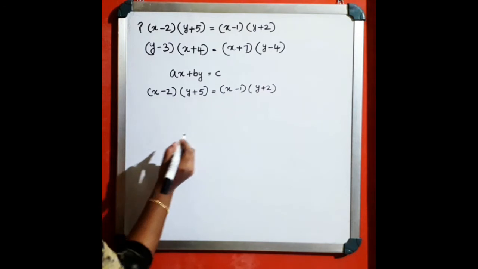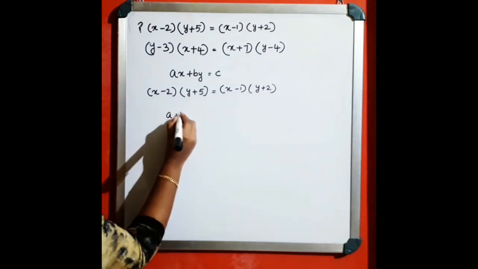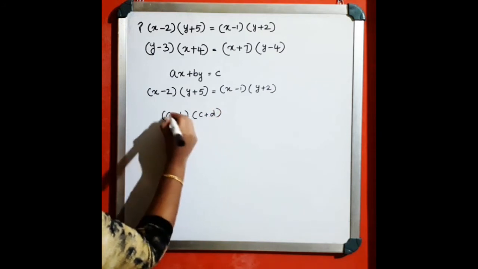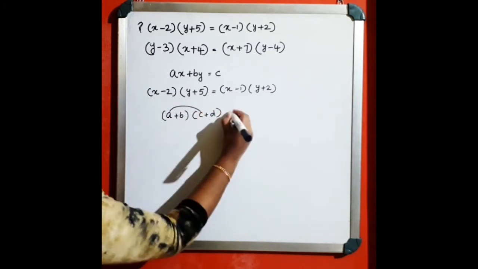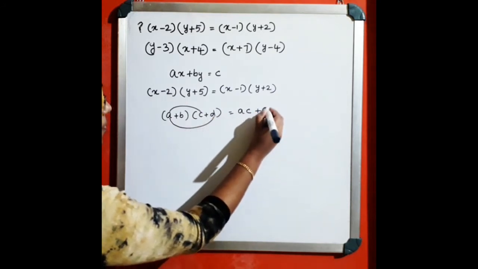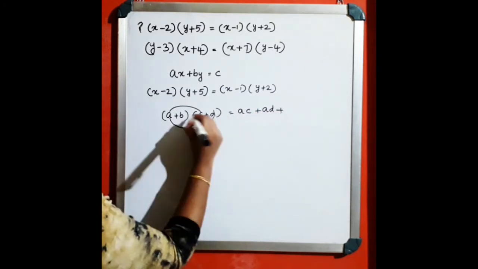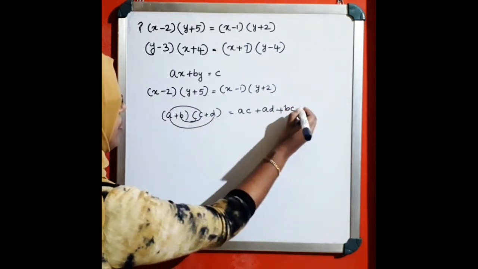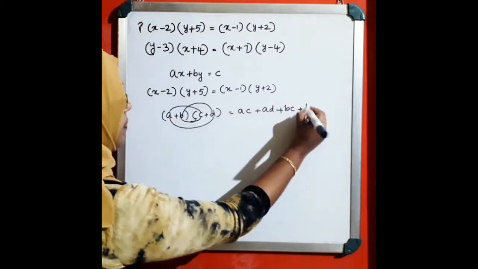Just open the bracket. We know that a plus b into c plus d is ac plus ad plus bc plus bd.